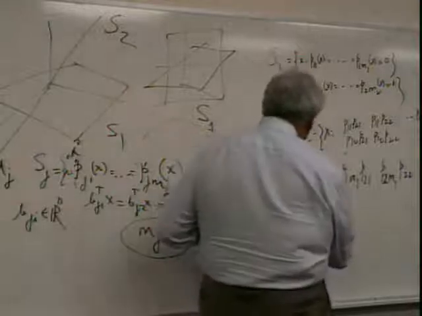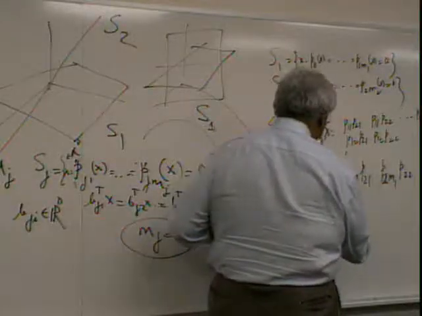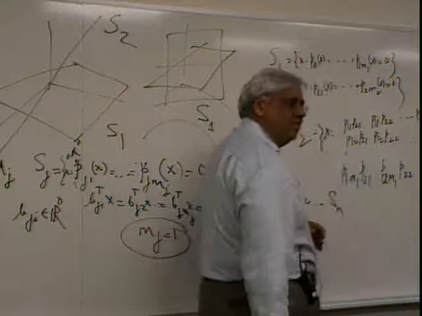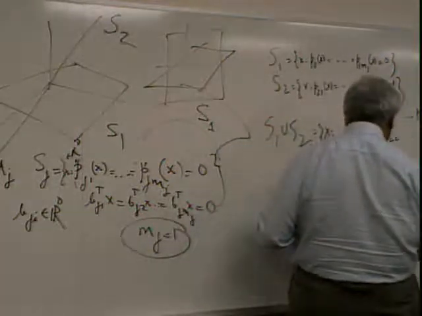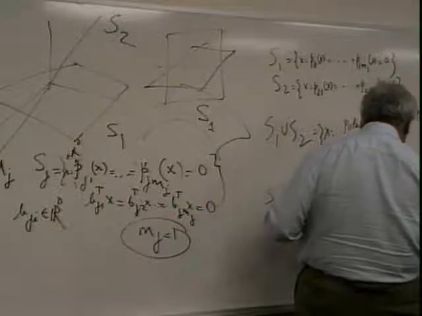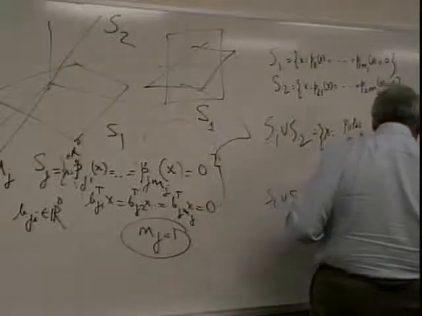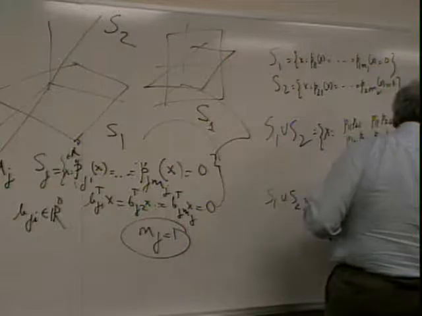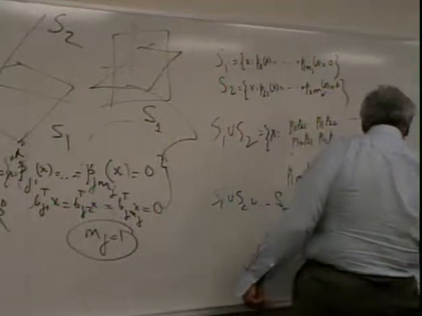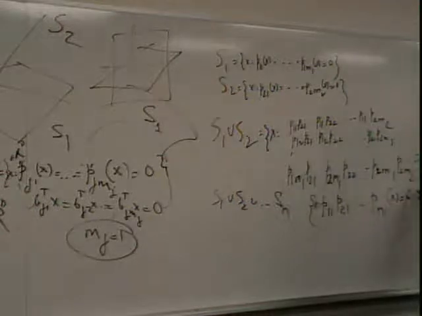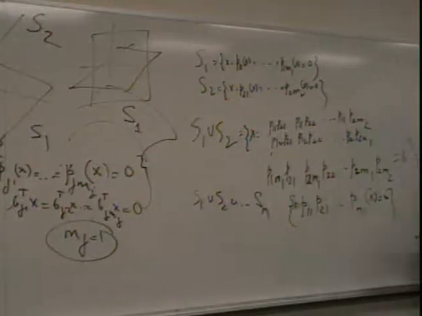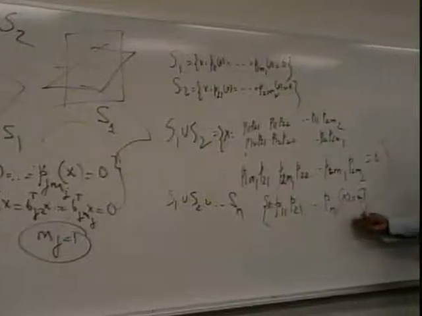If it's S1 union S2 up to Sn, there's just one equation: p(x) = P11 times P21 times ... times Pn1 equals 0. Each of the P_i's are linear functions, so the product of them is an nth order polynomial.